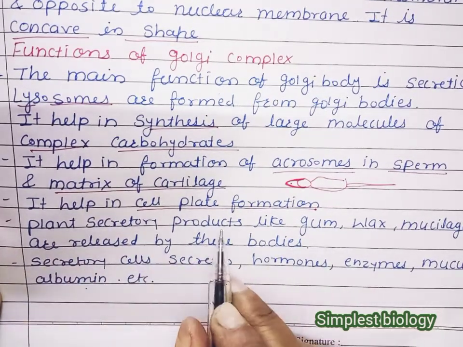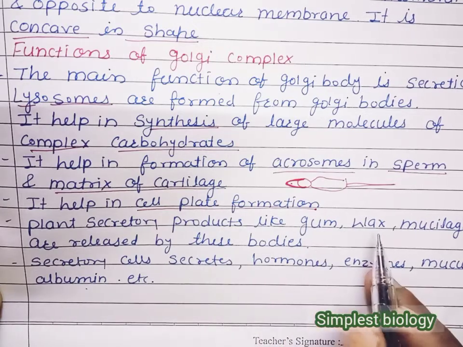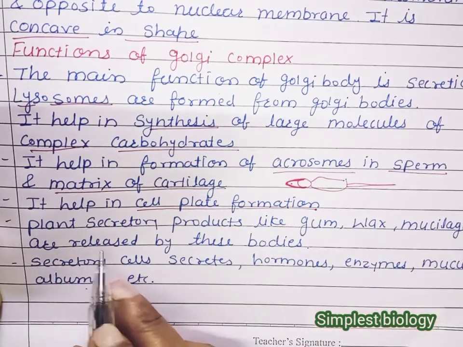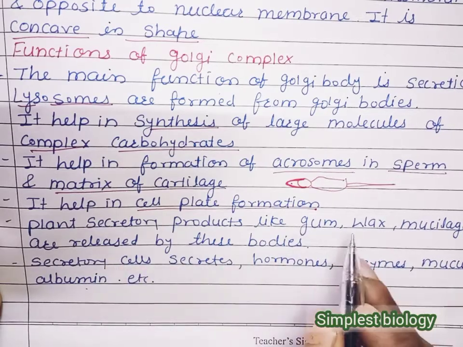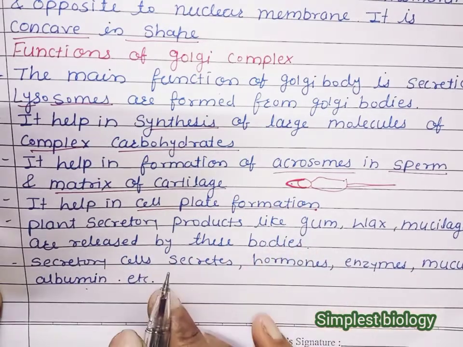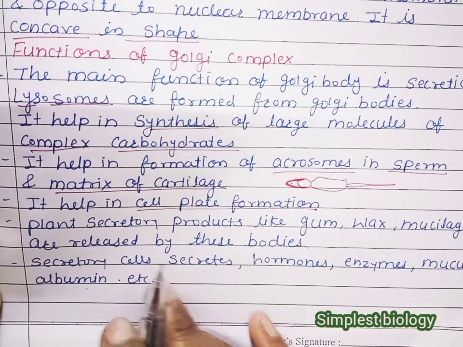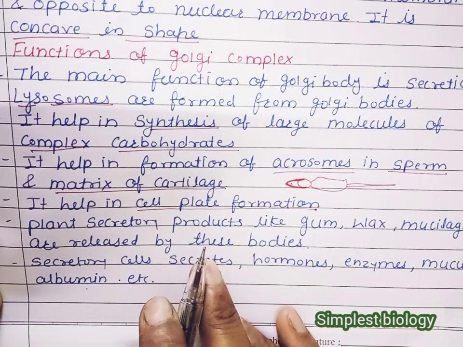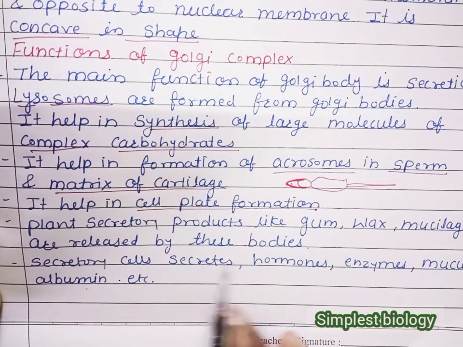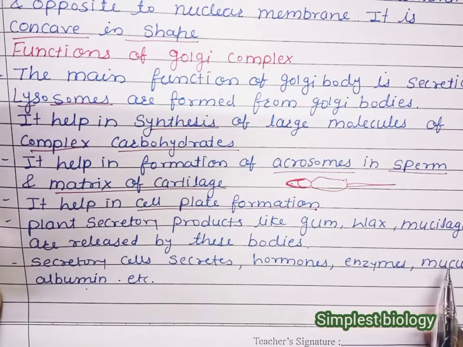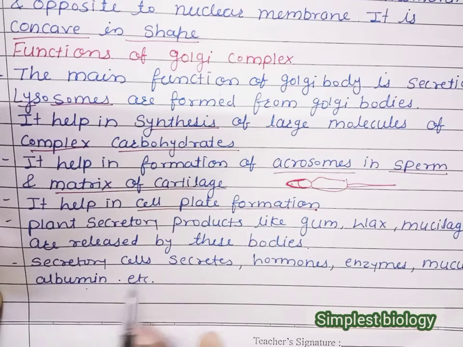Plant secretory products like gum, wax and mucilage are released by this body. Latex, gums and wax are secretory products of the plant cell, and all these are released with the help of the Golgi complex. Secretory cells secrete hormones, enzymes, mucus and albumin, etc.